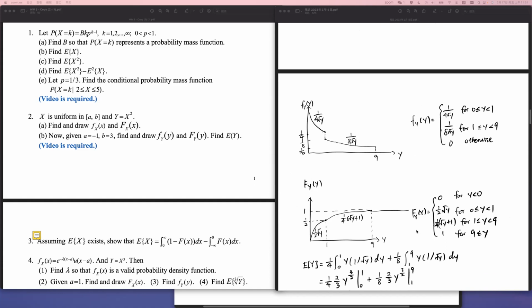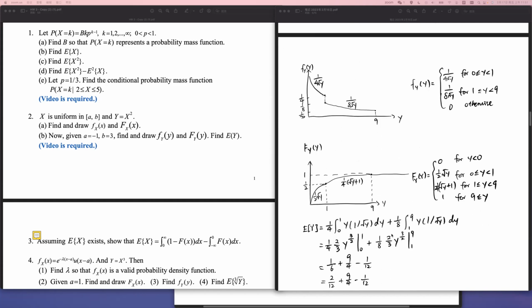It's taking the integral of these two parts. It's more like a math problem here. So it's like finding the integral from 0 to 1 of 1/4 times square root of y, plus the integral from 1 to 9 of 1/8 times square root of y, and then we'll get this.